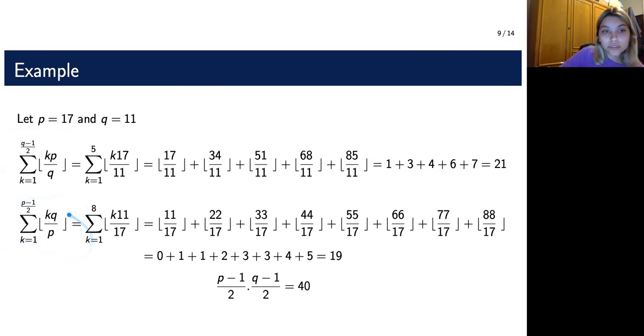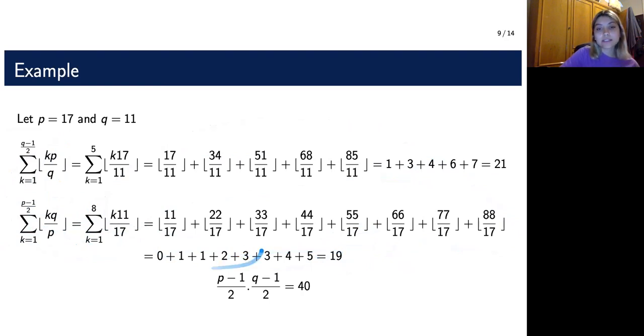And when we continue for P, our P is 17. For this summation, we take k from 1 to 8, because 17 minus 1 over 2 is 8. When we calculate all these numbers, it's going to be 19.